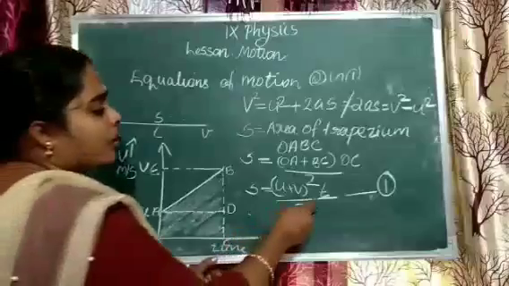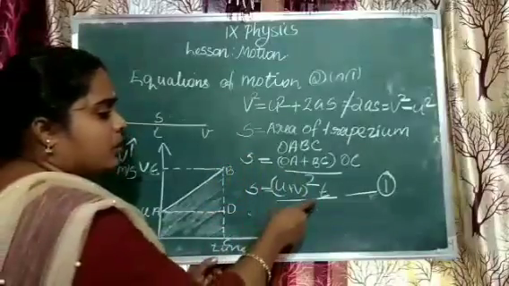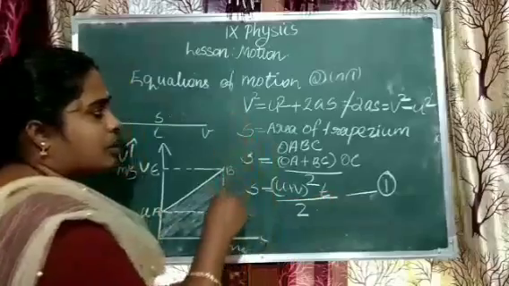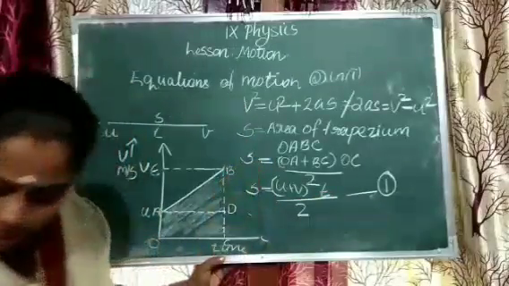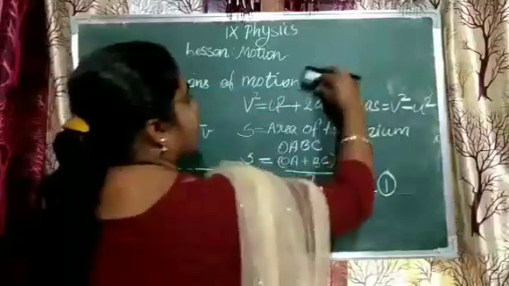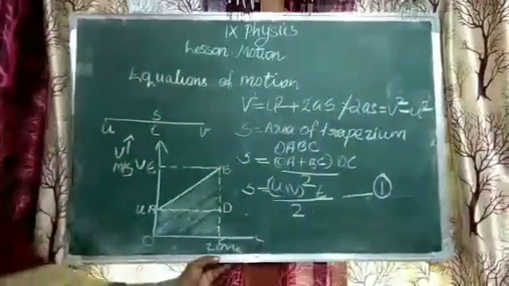Then from the first relation we can find an equation. What is the first equation? V is equal to U plus AT.